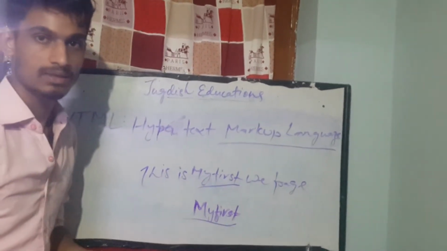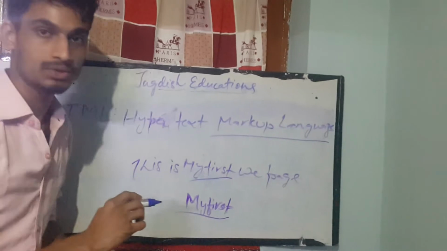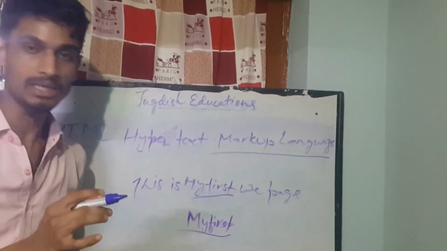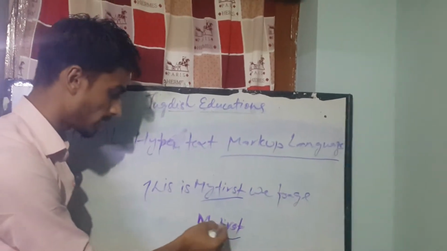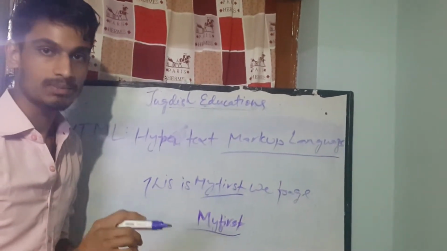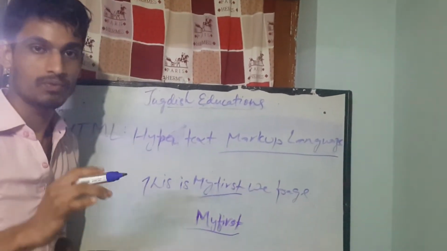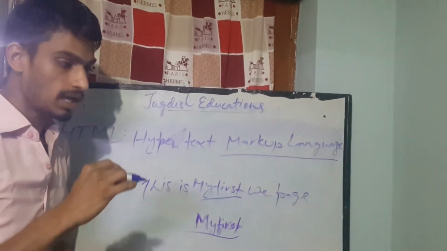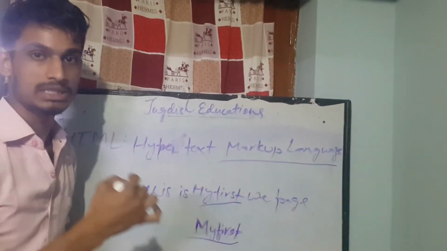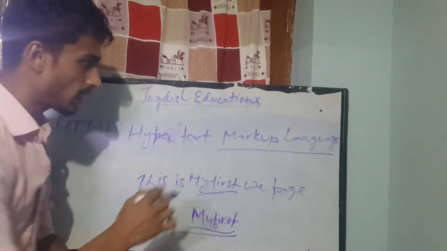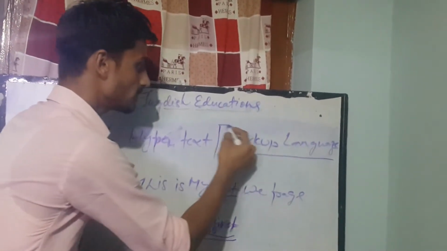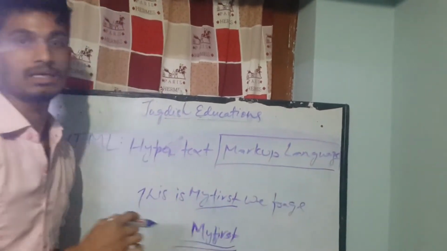We can't tell it directly, so we use some tags in HTML to darken "my first". That is nothing but markup. Markup language is a language used for designing a web page.